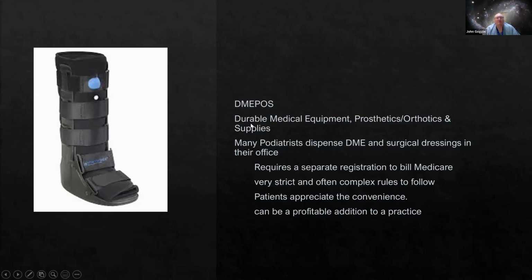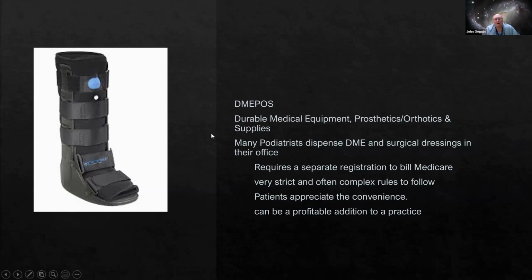So again, the durable medical equipment, prosthetics, and orthotics is something that many podiatrists will choose to use in their practice. If you're in private practice, this can provide convenience for your patients. You can assure that they're getting the device that you want them to, and fairly quickly.